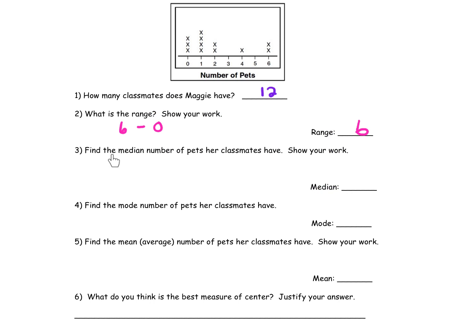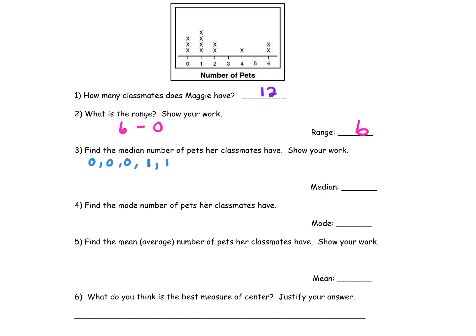Number 3 asks to find the median number of pets her classmates have and show your work. So as we read this line plot, I'm going to notice above the number 0, we see that there's 3 marks. So that would mean that 3 classmates answered that they have 0 pets. Above the number 1, we see 4 marks.